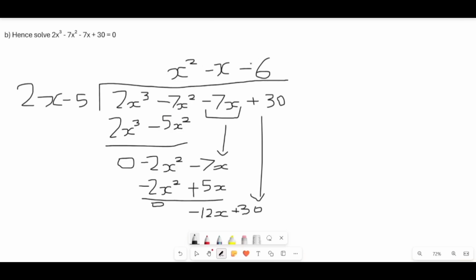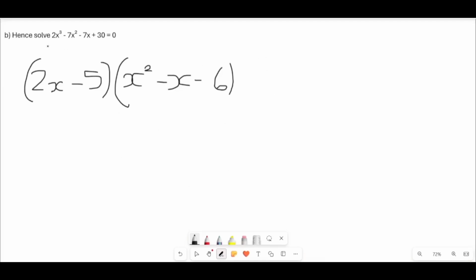So what we've proved there is that this expression can be written as 2x minus 5 multiplied by x squared minus x minus 6. Now, that is definitely a step in the right direction, but we have to factorize this quadratic into double brackets, which I'm not going to do here just in the interest of time, but that will end up coming out to x minus 3 times x plus 2.